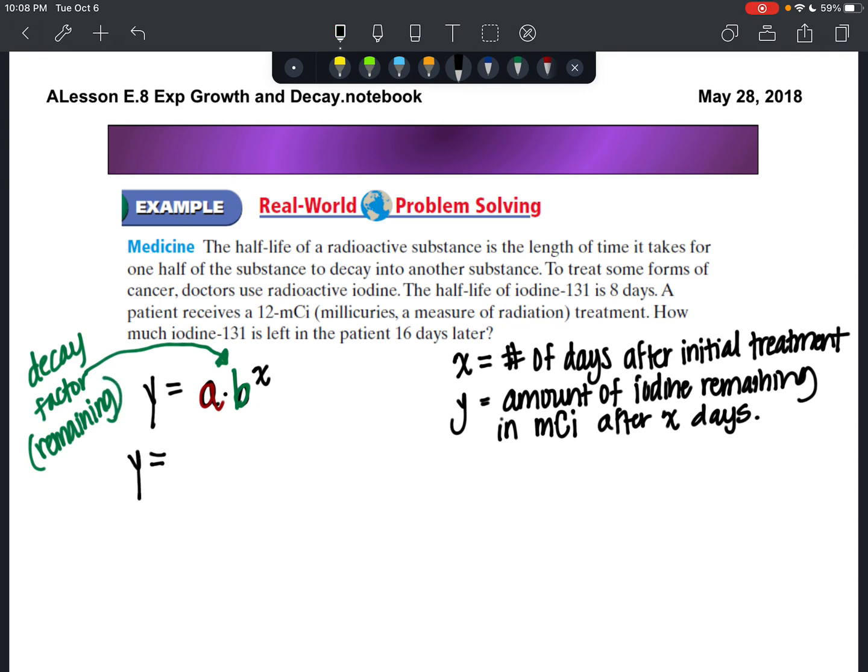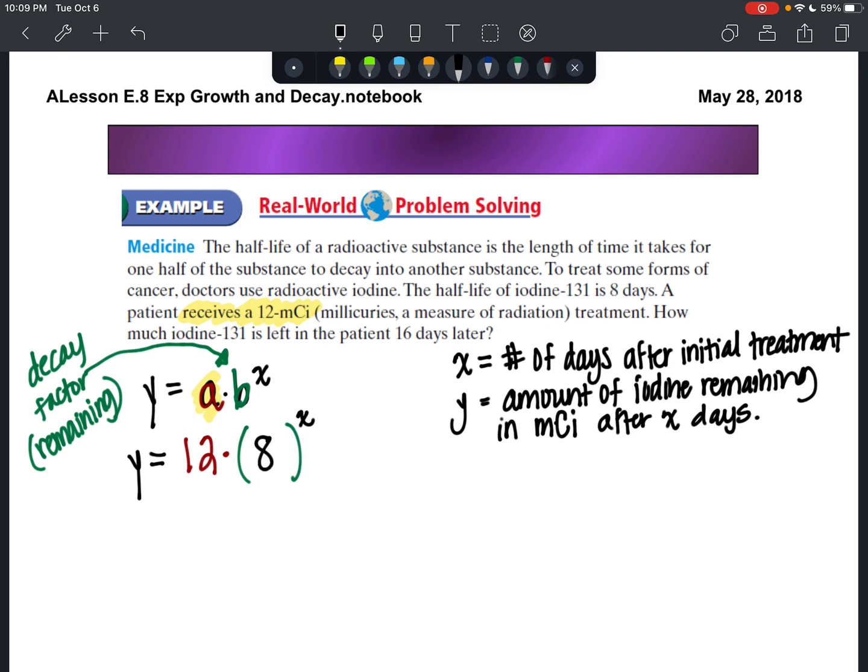So y is going to equal, well, what are we starting with? What's the initial amount? The initial amount is going to be the amount of millicuries that the patient is given. So that's going to be 12 millicuries. And then how much remains in the patient?